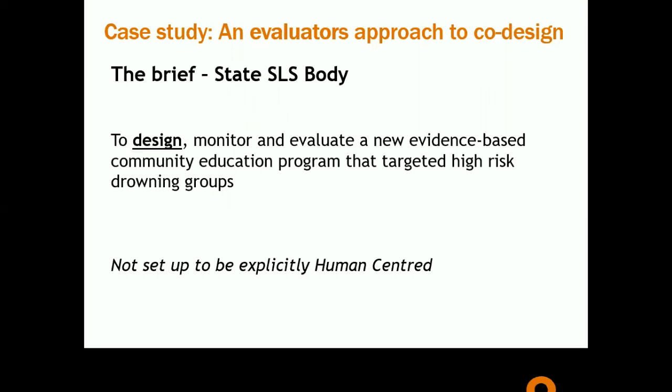But just providing, I guess, a little bit more detail on the brief. So we wanted to target these high-risk drowning groups in the state. So we had a little bit more than that to go on at the start. The Surf Life Saving body had identified some places where people were drowning, and they'd also done a bit of analysis to figure out who the people that were drowning were.